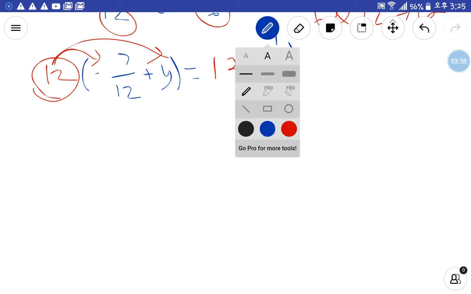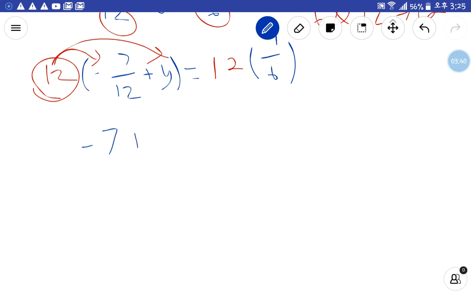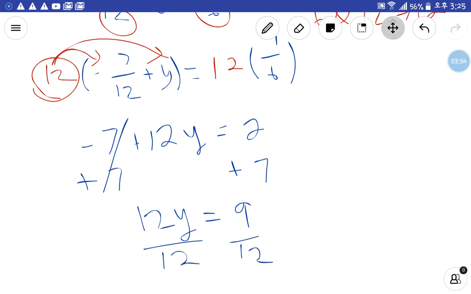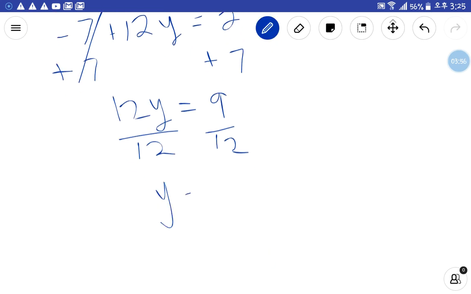Now that will be negative 7, and that will be 12y equals 2. Now what? Plus 7 on each side. 12y equals 9, divided by 12 on each side. Your y would be what? 3/4, because 3 is the greatest common factor of 9 and 12.